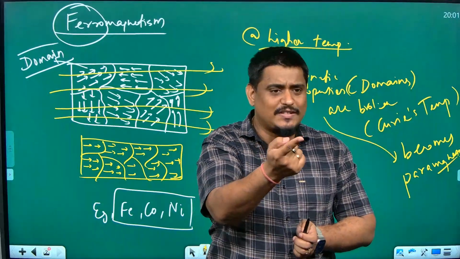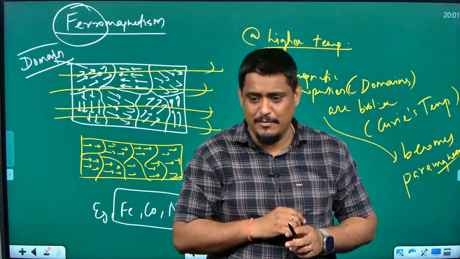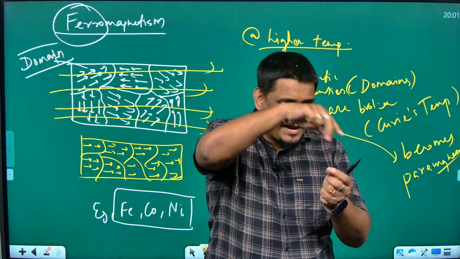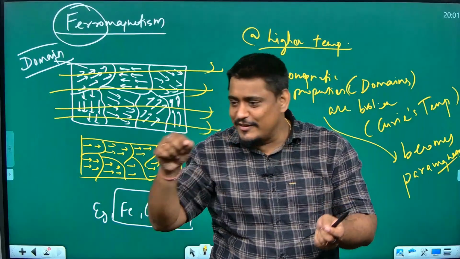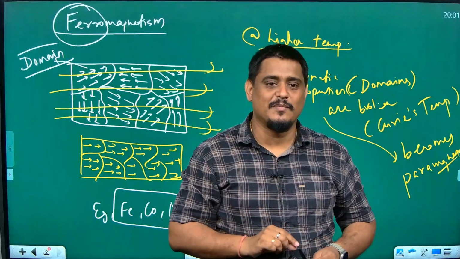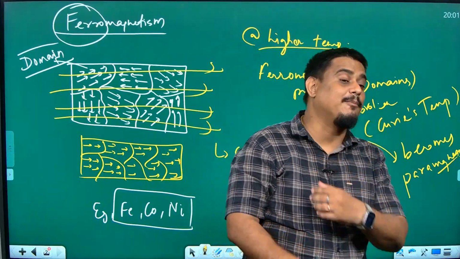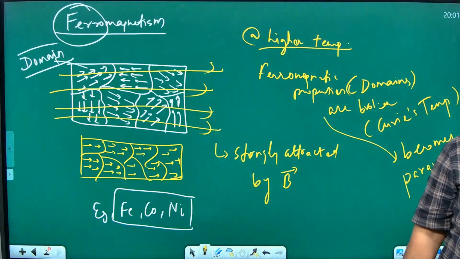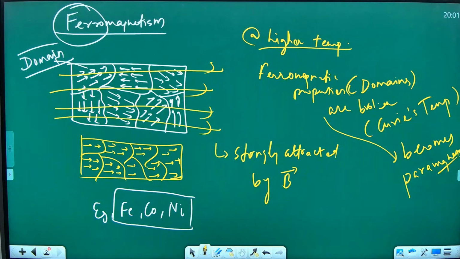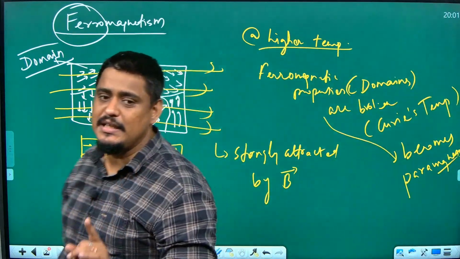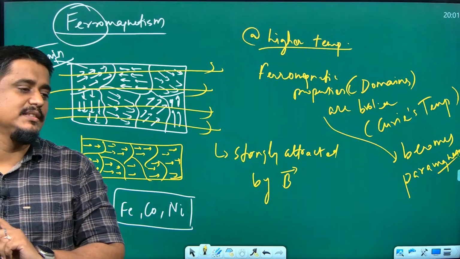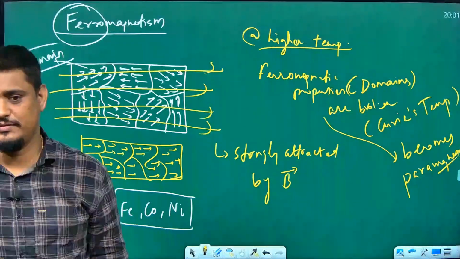Some of you have seen a pin box, a box in which a magnet is there and many pins are kept inside. If you take a pin out, it will have some magnetic behavior for some time, because the ferromagnetic property is retained even after the removal of the external magnetic field. But paramagnetic properties are lost the moment the external magnetic field is removed.